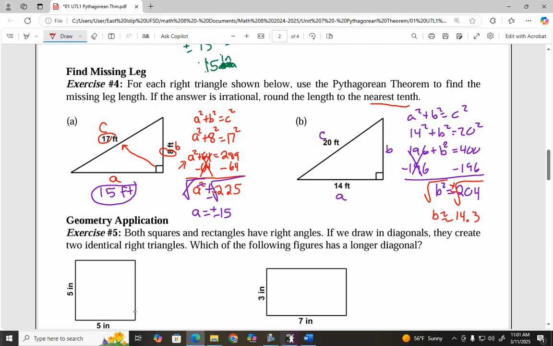And only the positive exists. Yes, all numbers have two square roots, but when we're dealing with triangles, side lengths have to be positive. So side B is 14.3 feet.